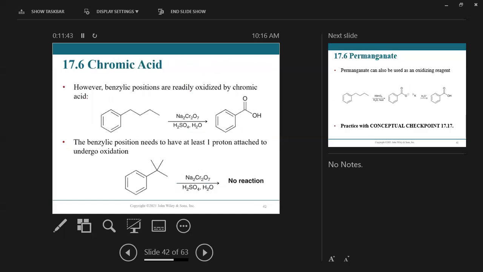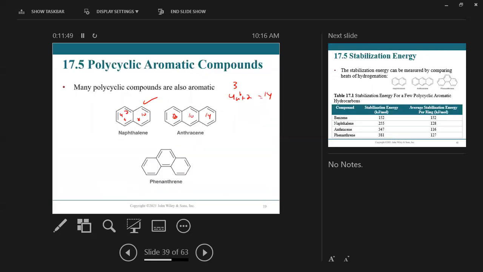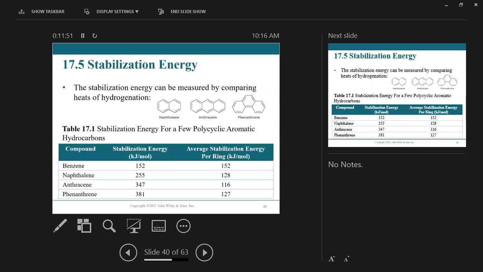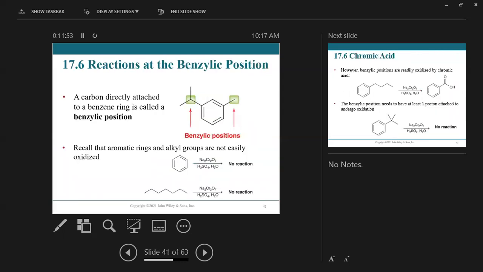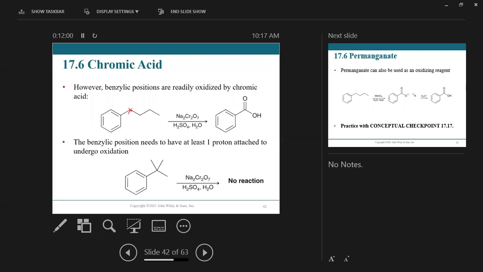However, benzylic positions are readily oxidized by chromic acid. So remember, this is our benzylic position. If we go back to the definition of that, the carbon directly attached to a benzene ring is called a benzylic position. Here we're at our benzylic position, and we can be oxidized by chromic acid.